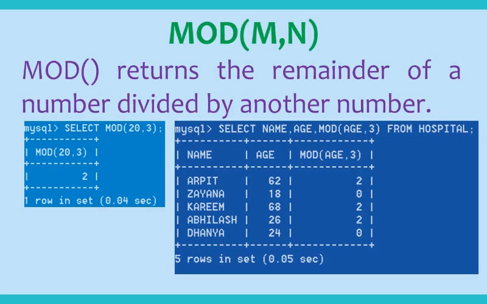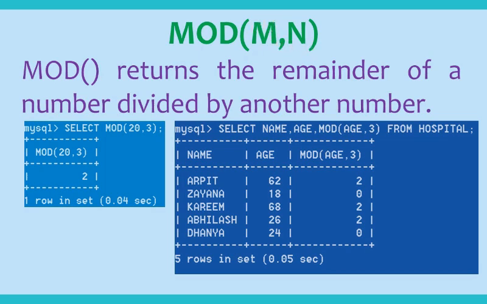Next function is the MOD function. It takes two parameters m and n. MOD(m, n): if this number m is divided by n, whatever remainder comes, that is the output. This function returns the remainder of a number divided by another number.